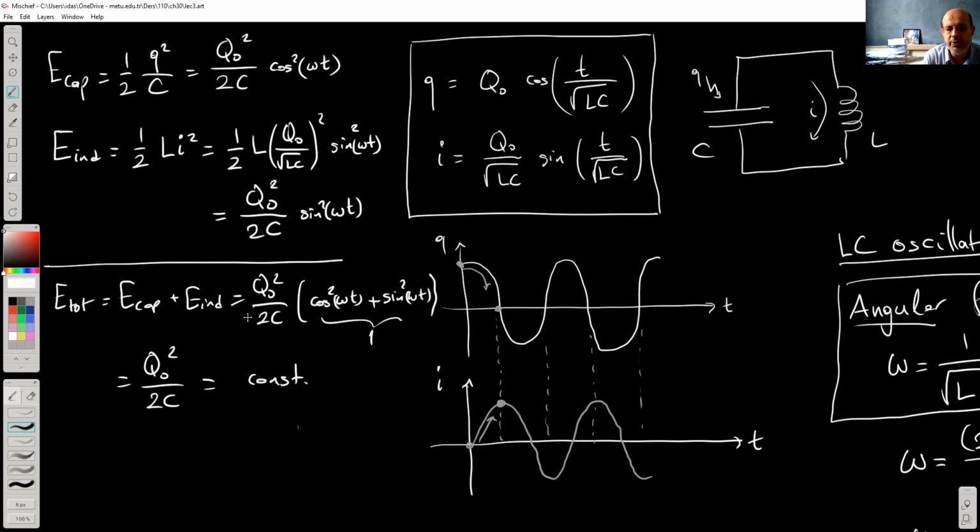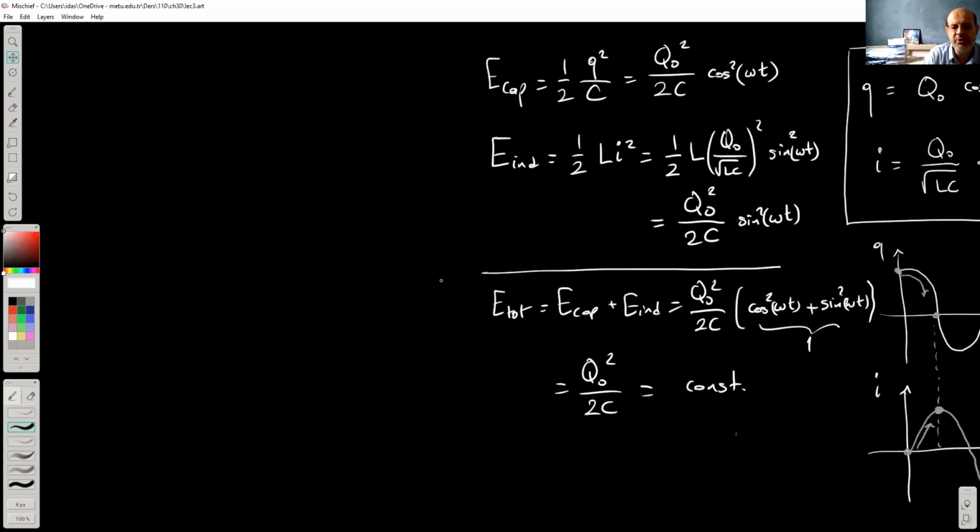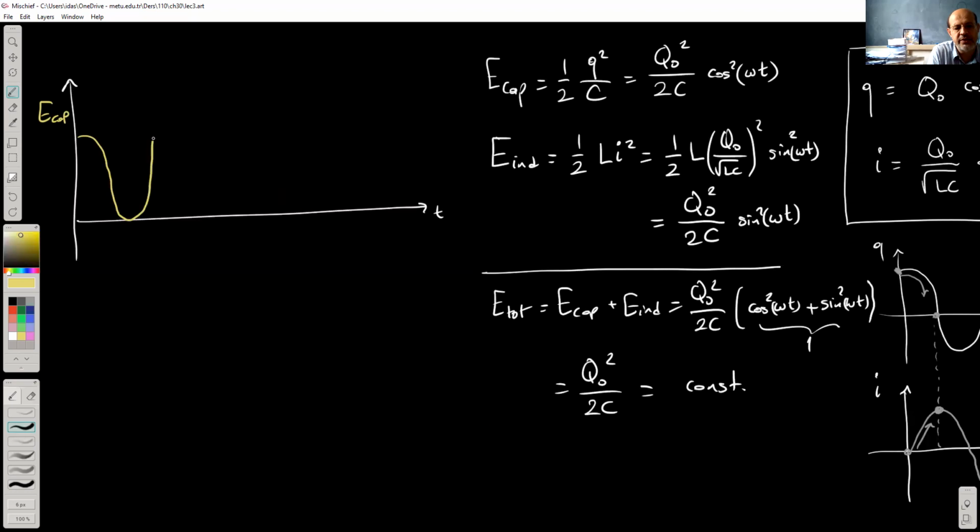I can also show it with some kind of graphs. I don't think that we need to spend too much time on this. So this is the time axis. Let's say that first I draw the energy of the capacitor. It is a trigonometric function of that form.